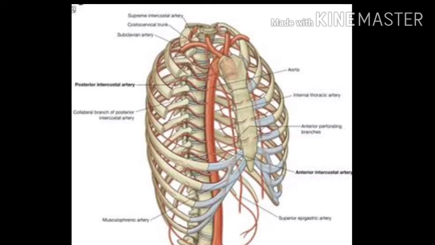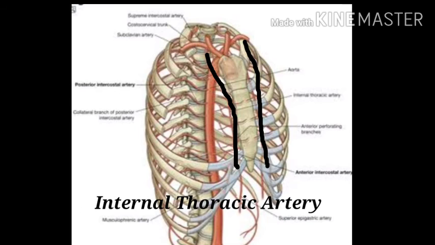Anteriorly, you can see there is a branch coming from the subclavian artery, which is known as the internal thoracic artery. We have two subclavian arteries, so we have two internal thoracic arteries that run adjacent to the sternum or the manubrium.